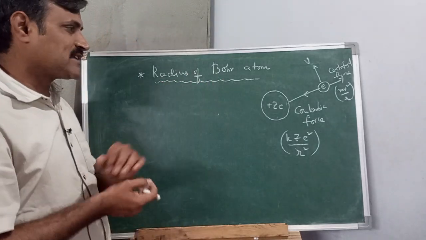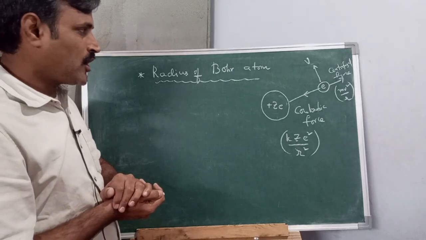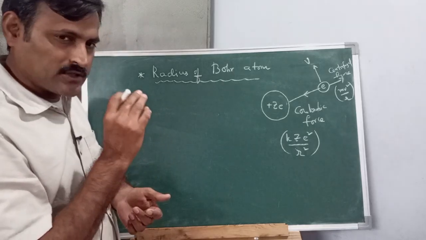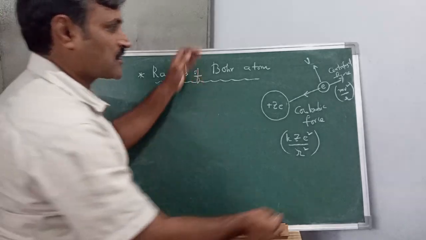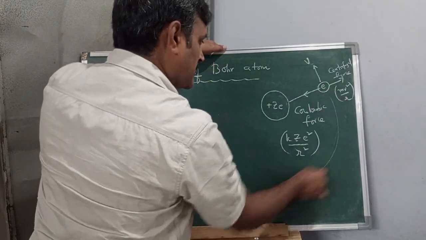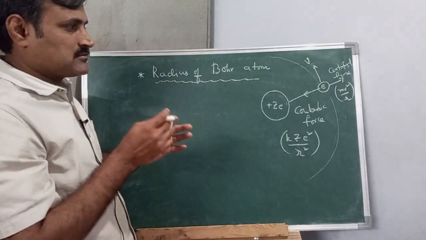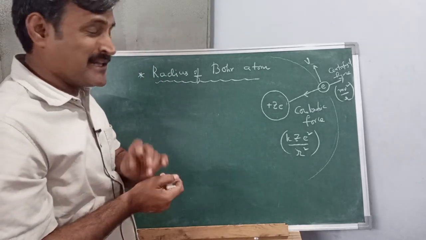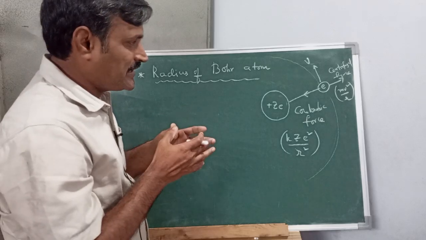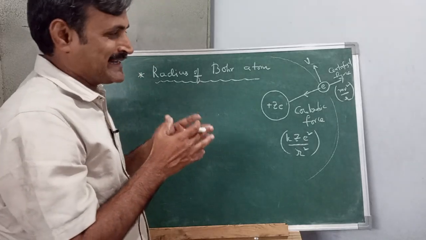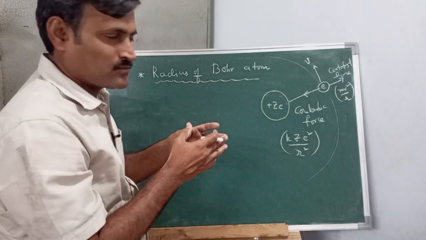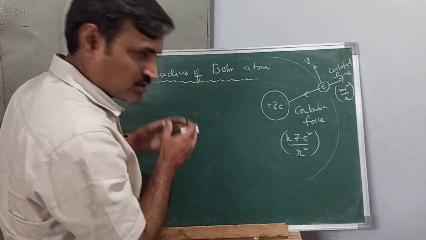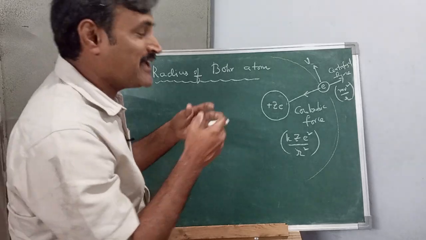First of all, we should know exactly the electron's behavior. The electron is revolving around the nucleus in a specific circular path called an orbit. For the electron to continue in this orbit, there should be a balance of forces: the force of attraction towards the nucleus and the force away from the nucleus.